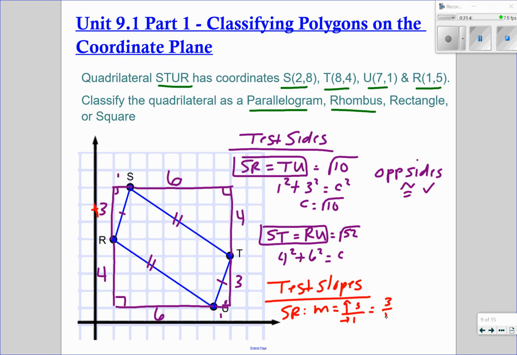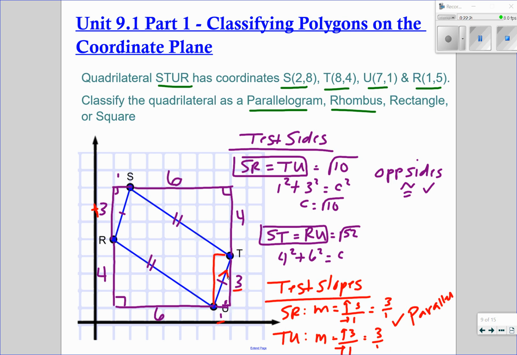The side I need it to be equal to is side UT, or side TU, as we previously referenced. So if I look here, I can already use my 3 and my 1 that I already drew on my graph. So this would be positive 3 over 1. Because these are equal, we can say these sides are parallel.